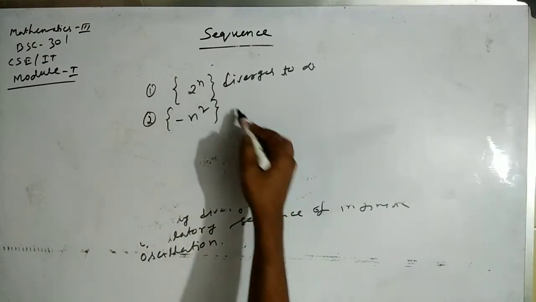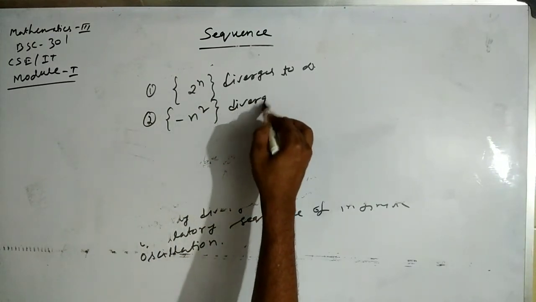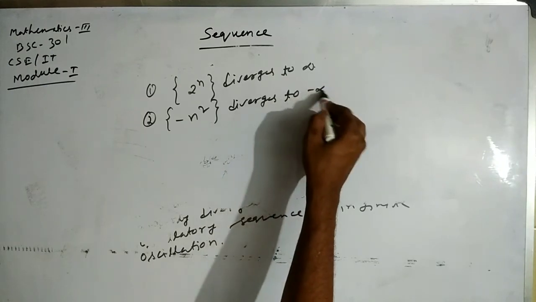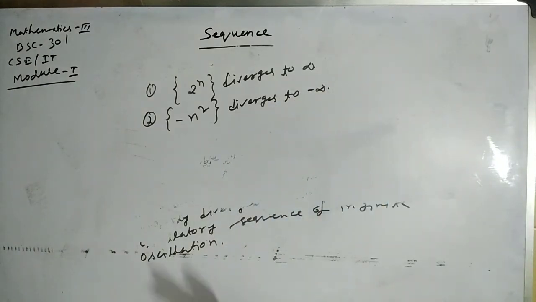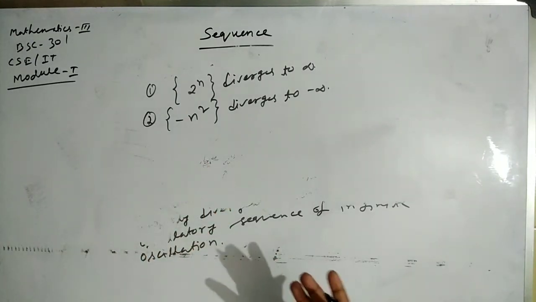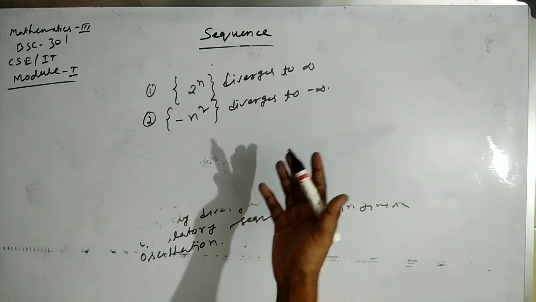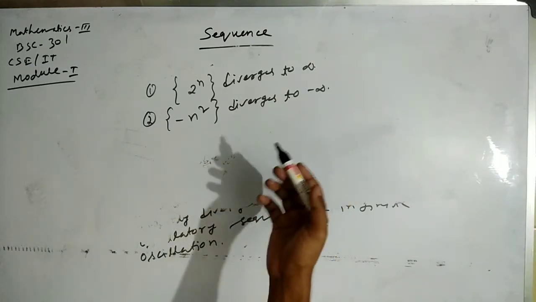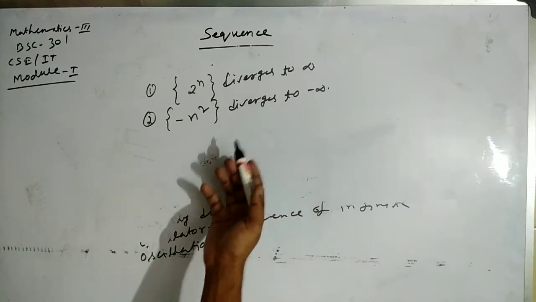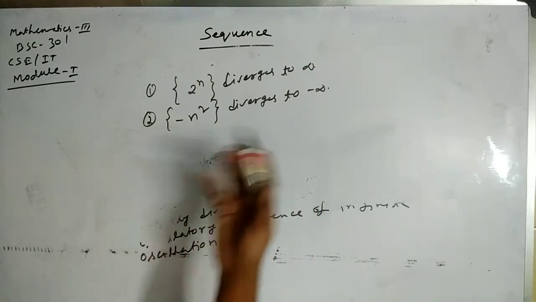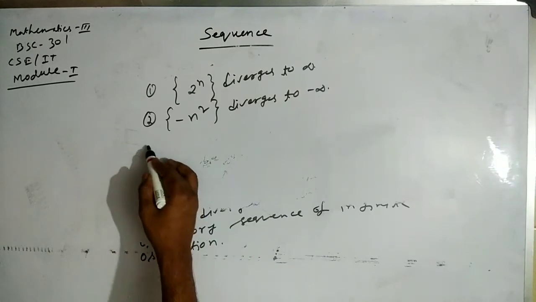So minus n square diverges to minus infinity. So this sequence is also properly divergent because the terms of this sequence will be minus 1 square, minus 2 square, minus 3 square. So this will be unbounded below, and the infimum will be minus infinity. So it diverges to minus infinity, and this sequence is properly divergent.